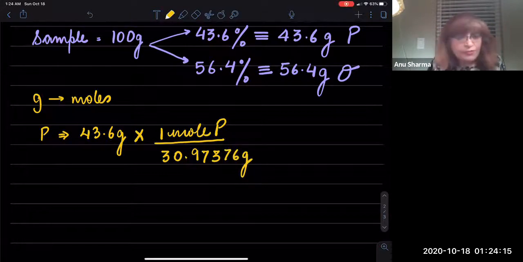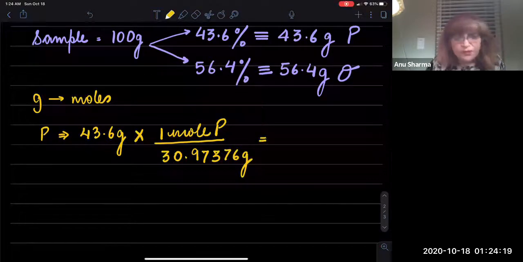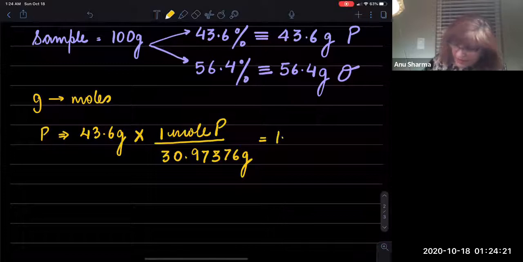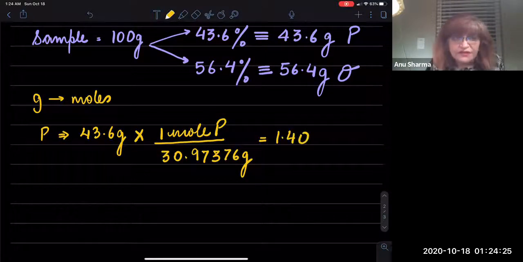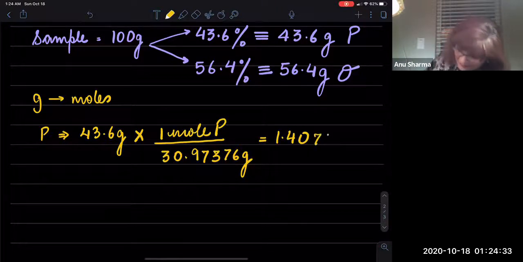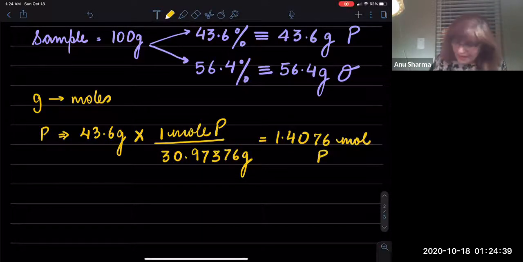You can round it up to 31, but sometimes just copy the numbers as they are. Then this gives you 43.6 multiplied by 1 divided by 30.97376, and that gives you 1.4076 moles of phosphorus.